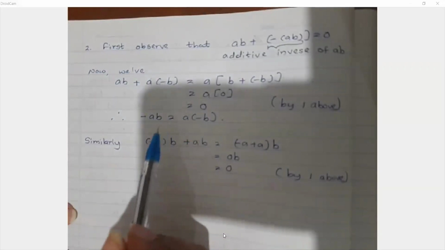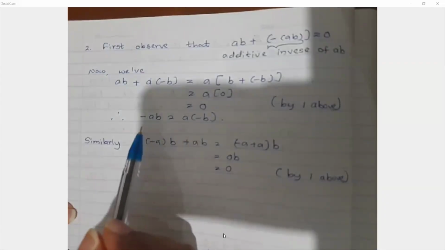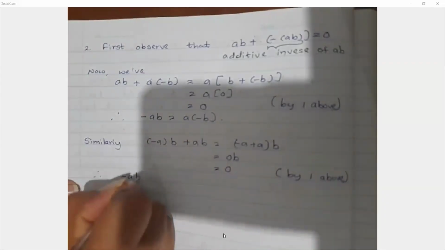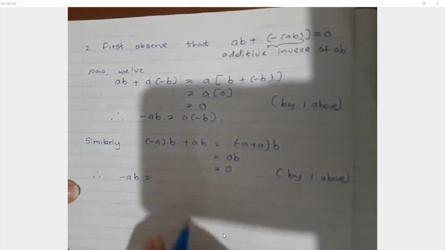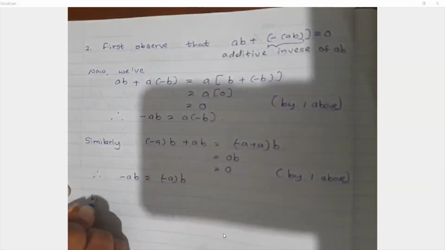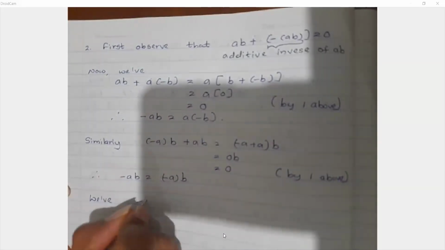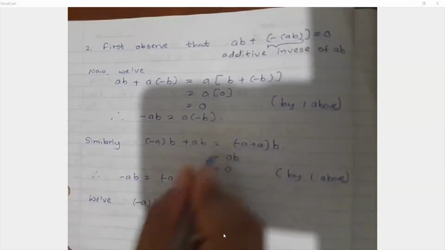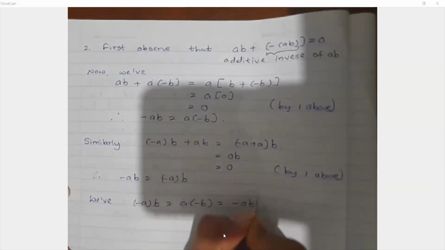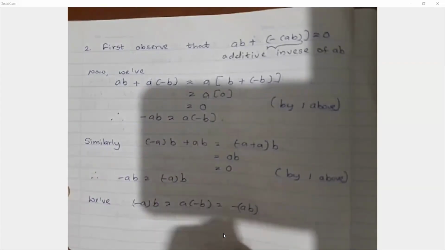The same reason. The inverse of an element is unique to that element. Therefore, we must have negative AB, which is the additive inverse of AB, equal to this, negative AB. So we have negative A times B equal to A times negative B equal to negative AB.